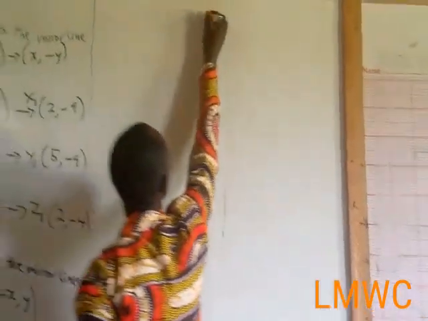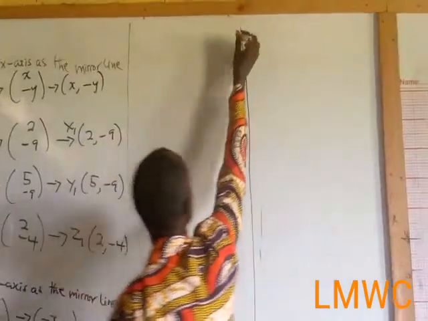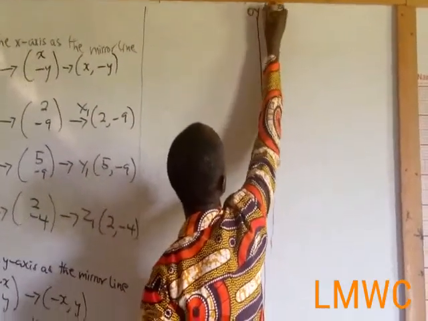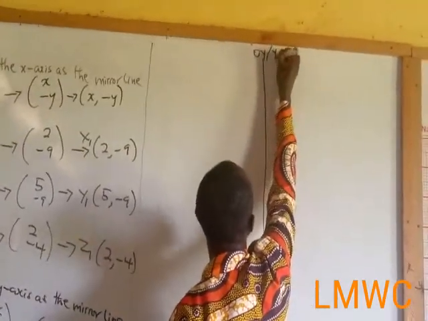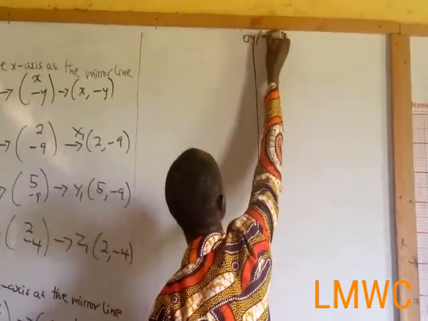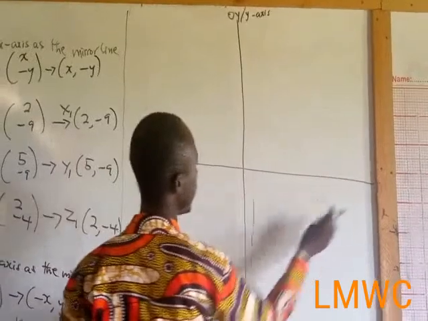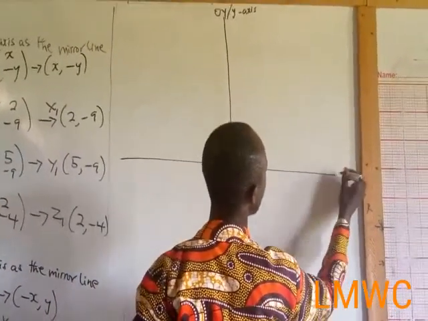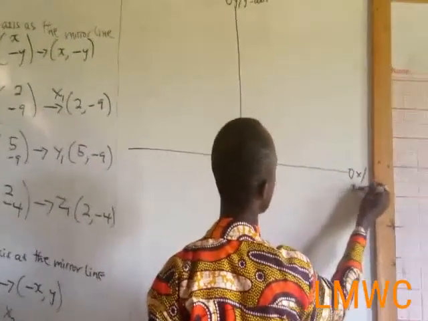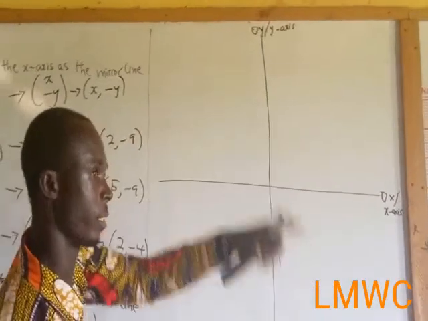So you draw your two lines. This is the OY or Y axis. We have the OX or X axis. You choose one. So I use OY and OX.